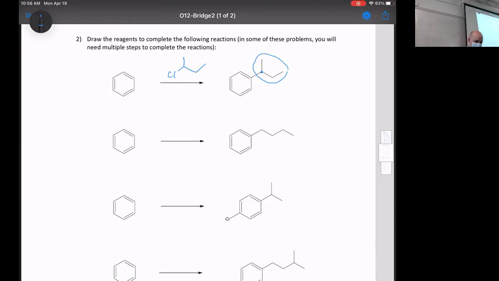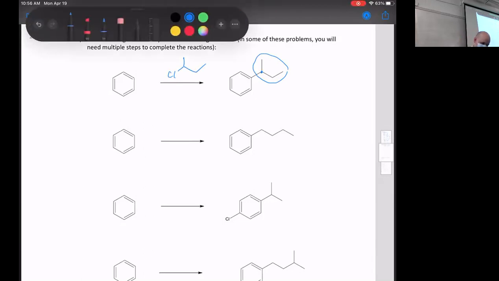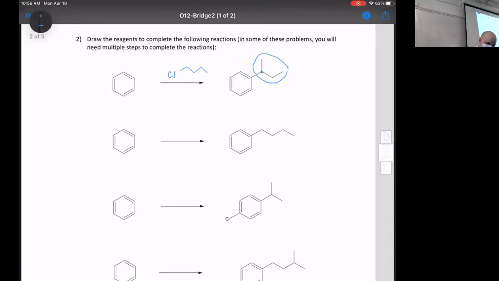However, because of rearrangement, if you had a 4-carbon chain with the chlorine at the very end, and you added aluminum chloride, it looks like we would get this, but that thing would rearrange to become this, which would be a 4-carbon chunk with the plus charge on carbon number 2 anyway. So it would work wherever you put the chlorine in this case. That's not always true.